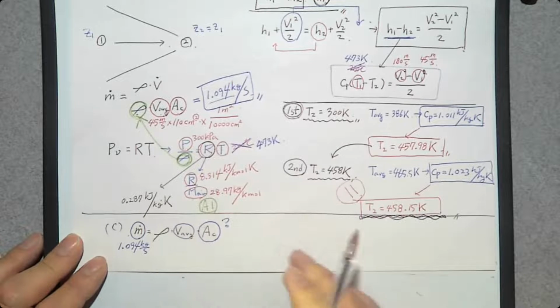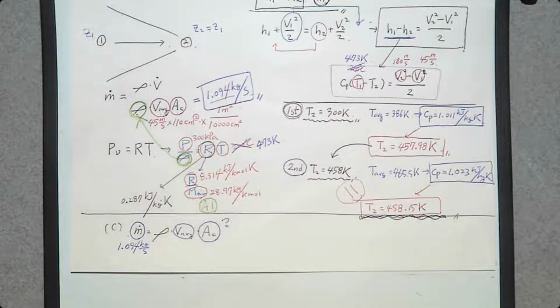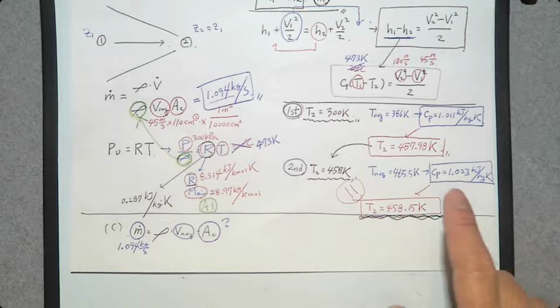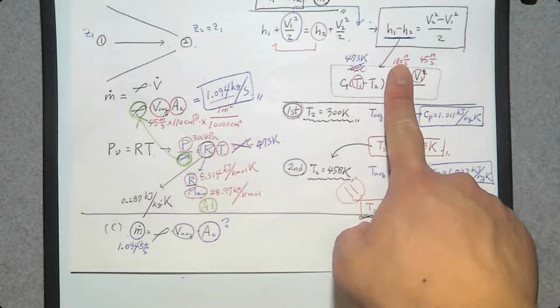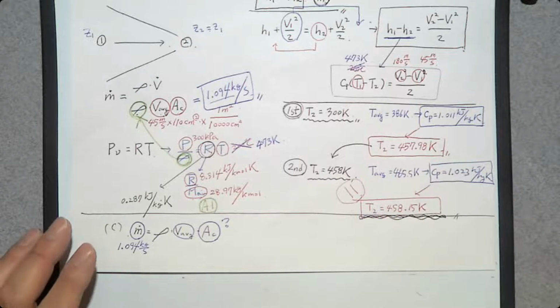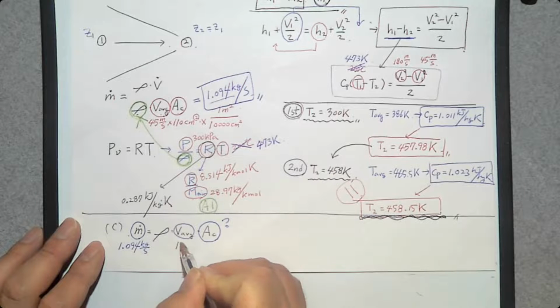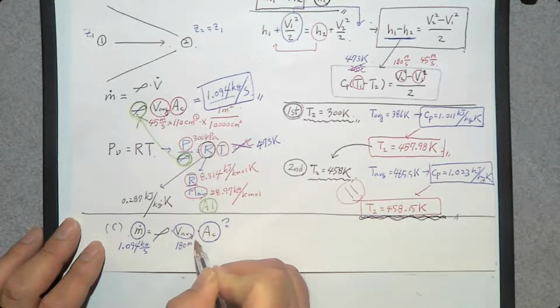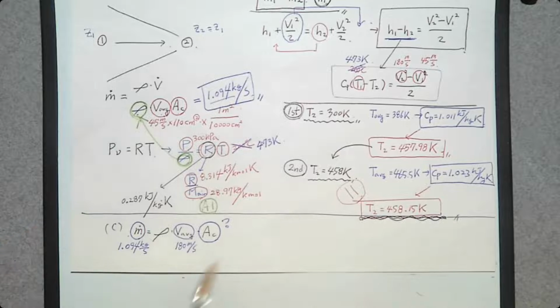What about the velocity? The velocity is given. The exit velocity is 180 meter per second. Then can you determine the exit area?